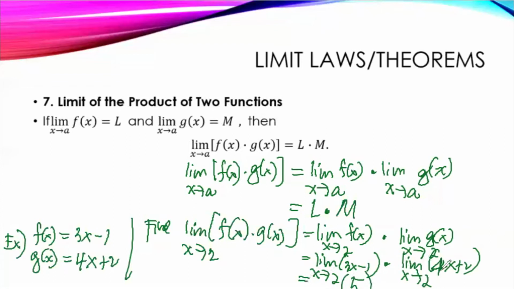How about this? 4 times 2 is 8, plus 2 is 10. So 5 times 10, therefore the limit is 50. In this case, it is 50. Okay? So again, the limit of the product is equal to the product of the limits.